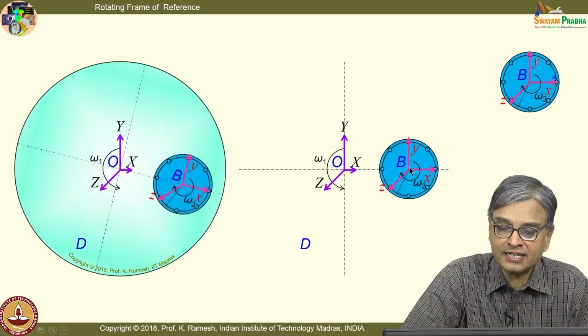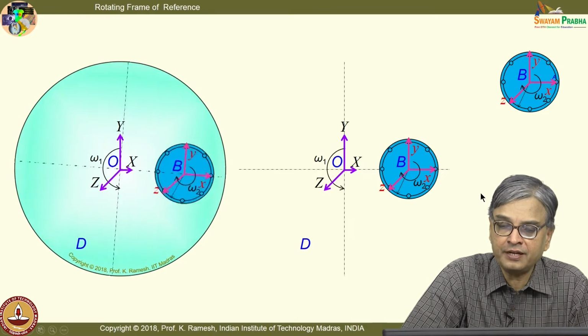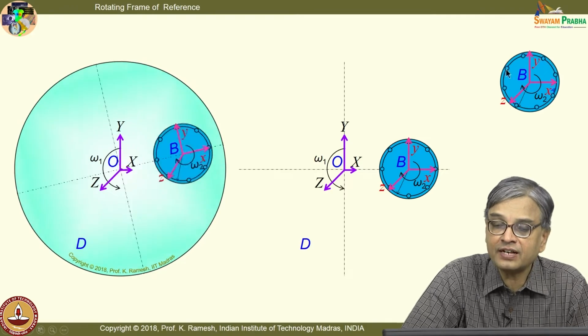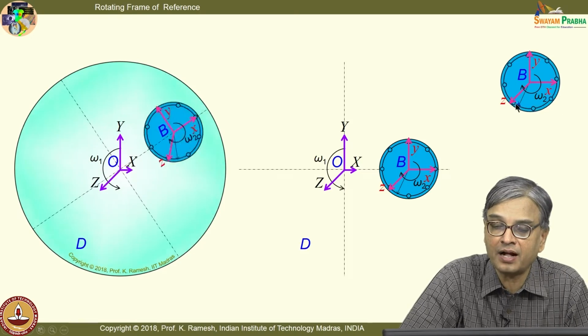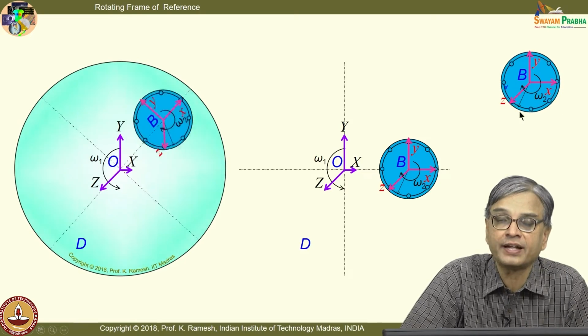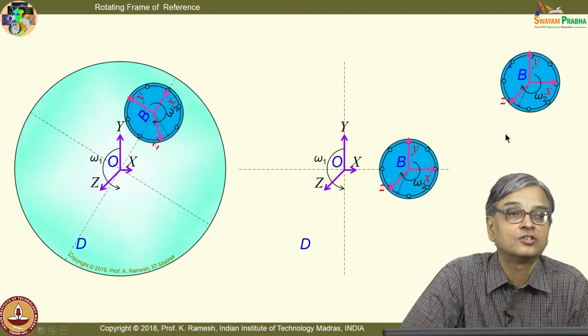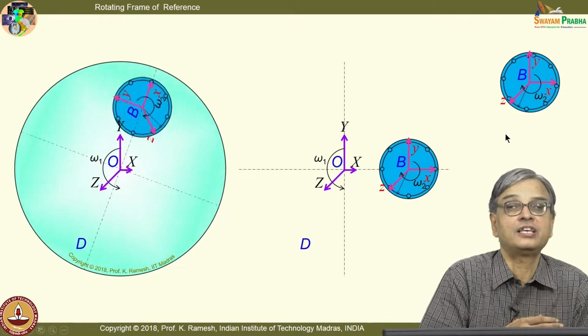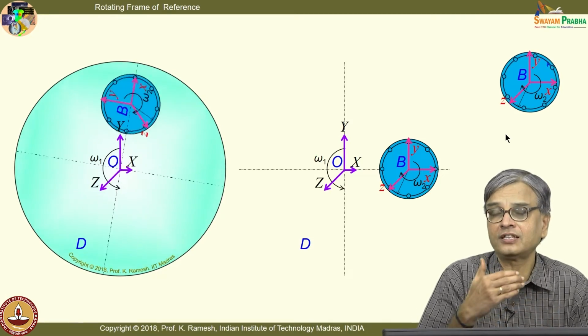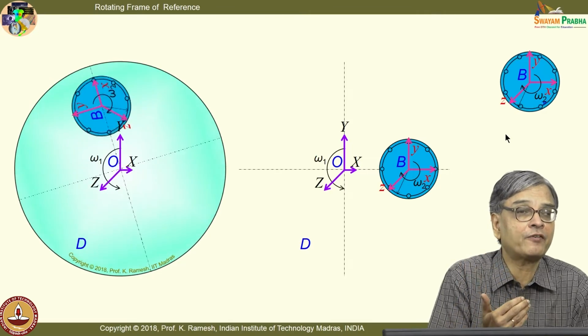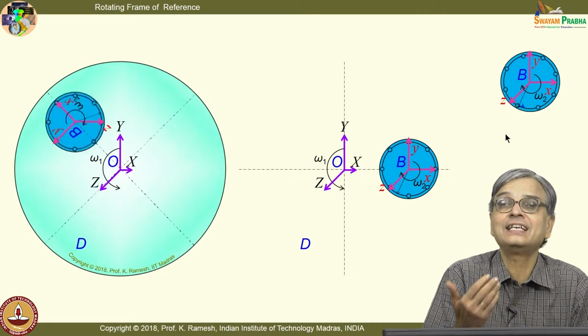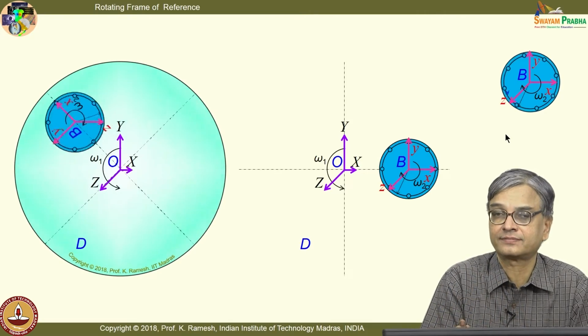And once I stand on point B, I would perceive that this is rotating in a clockwise fashion. And look at, I have a point A marked, the point A is moving. So, this is the way that you will have to understand the velocity from a rotating frame of reference; you can easily calculate it based on circular motion.